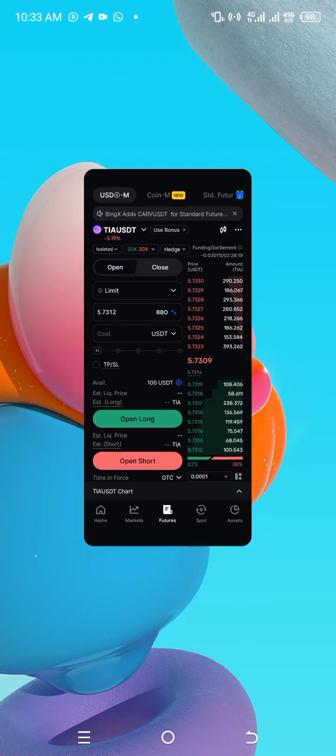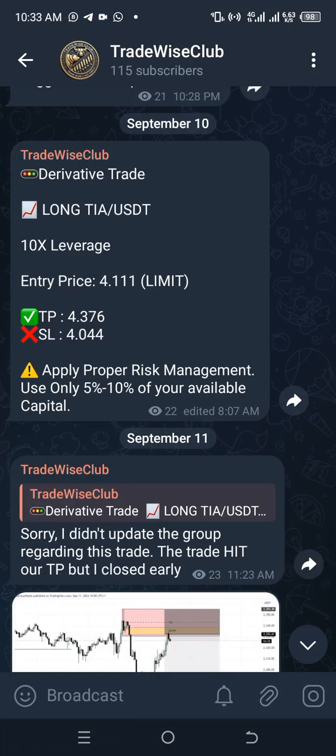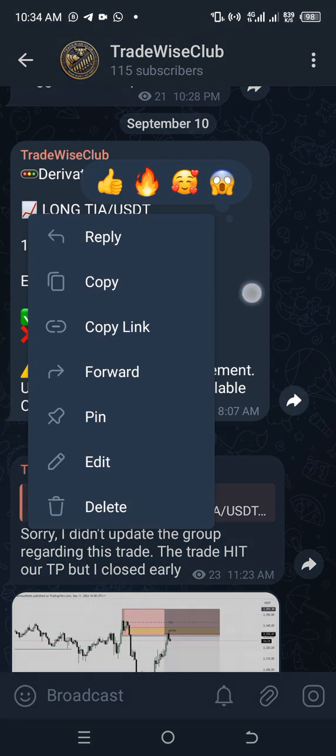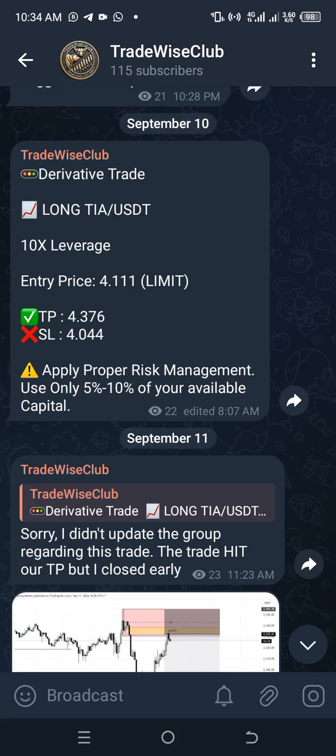Now if we go back to our Telegram signal group, you see here I said long, which means buy TIA USDT, and then I said use a leverage of 10x. Then here I said price, limit price. I indicated a price there and in front of it I said limit, which simply means that you are not going to be using the market price, you are going to be using the limit price.